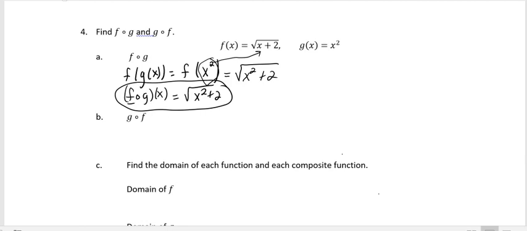G composed of f is the same as g of f of x. So that would be g of square root of x plus 2. So what do I do with the square root of x plus 2? Do I plug it in for this x for the f? Or do I need to plug it in for the x over here with the g? With the g.